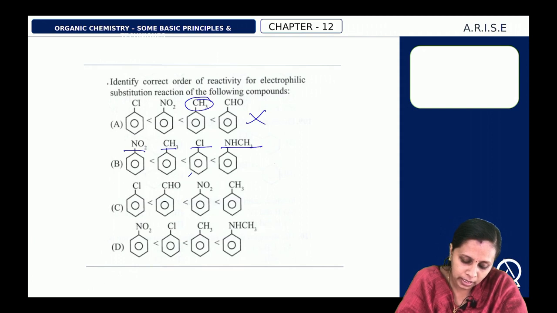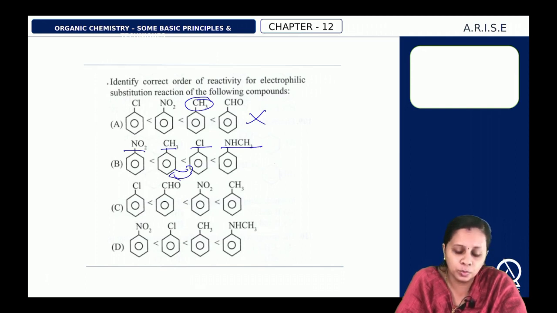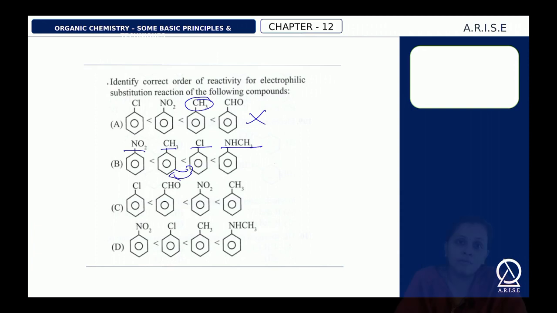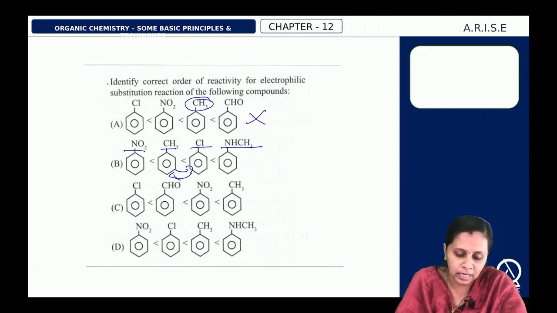So it should be in this order. The first is NHCH3, then CH3, because NHCH3 increases the tendency for electrophilic substitution by resonance effect, and CH3 increases it by hyperconjugation. Resonance is more dominant, so NHCH3 has the greater order of reactivity, then you should have toluene, that is benzene with CH3 group. So this option is also wrong.